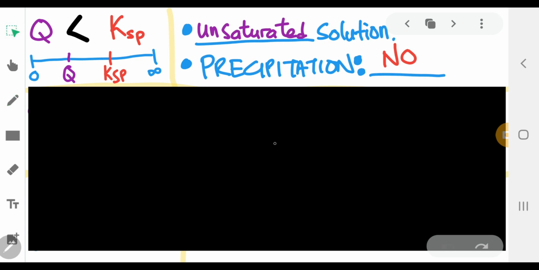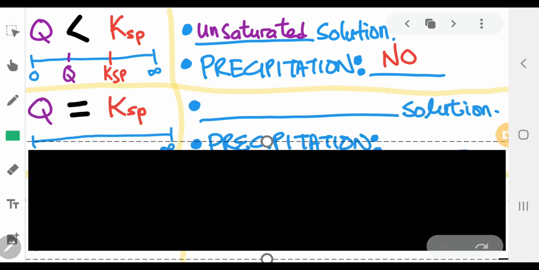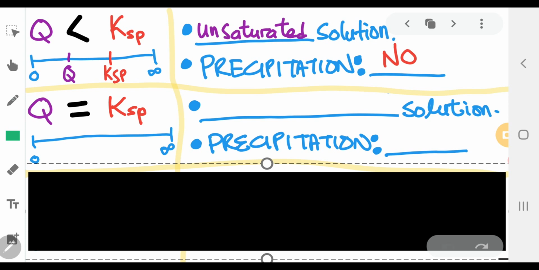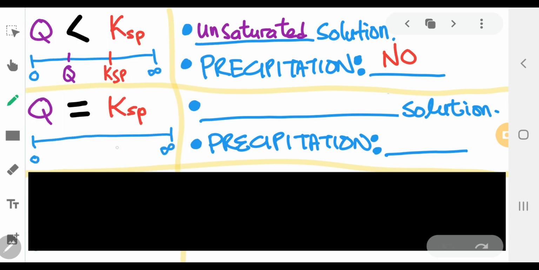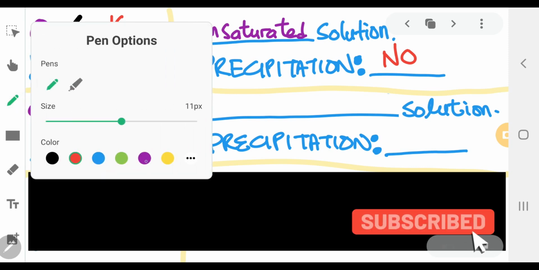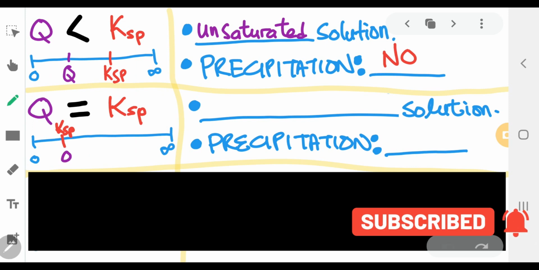The next example is when we have Q equals Ksp. In this case, when we have a value of Ksp, let's say somewhere around here, the Q ion product would be the same value.